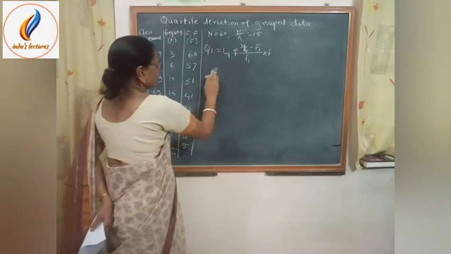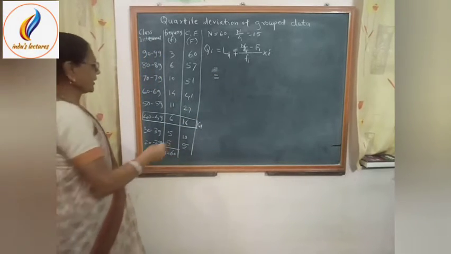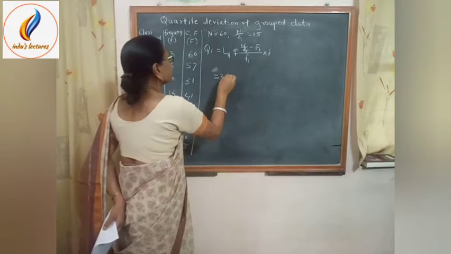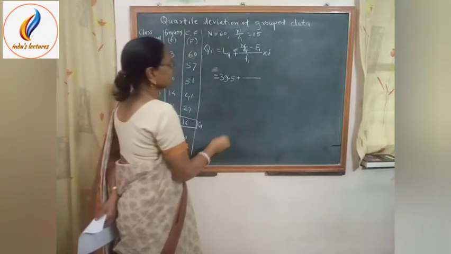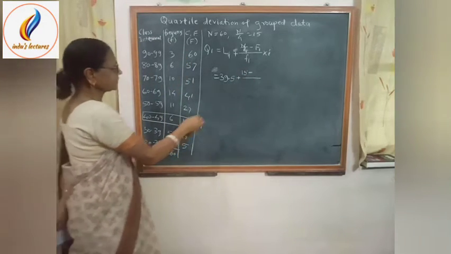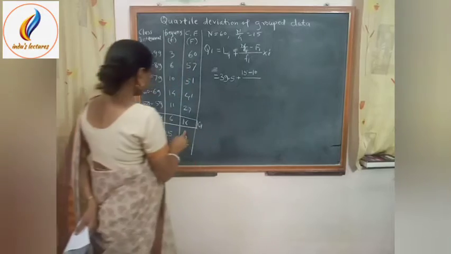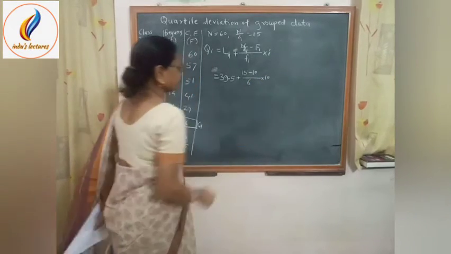Now we are putting the values in the formula. So Q1 is equal to 39.5 plus (n by 4 is 15 minus F1 is 10) divided by small f1 is 6, into 10.